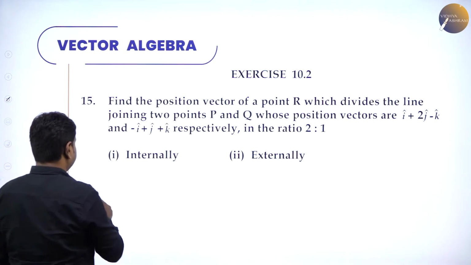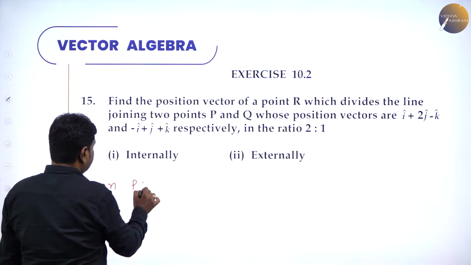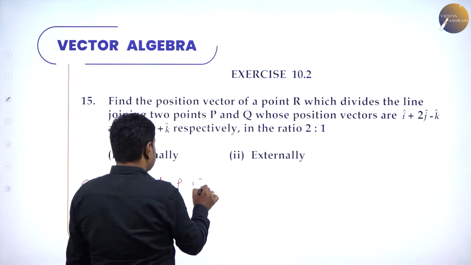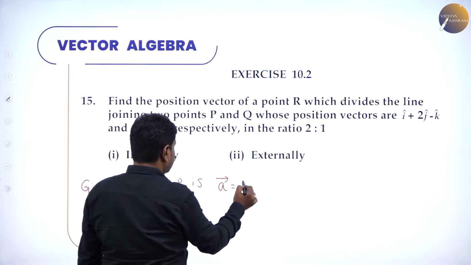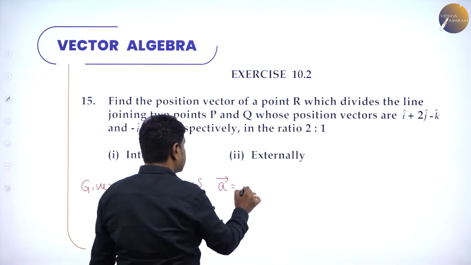Now coming to this. What is given? They gave the position vector of one of the points, that is P, I call it vector A. What is the position vector they gave? i cap plus 2j cap minus k cap.